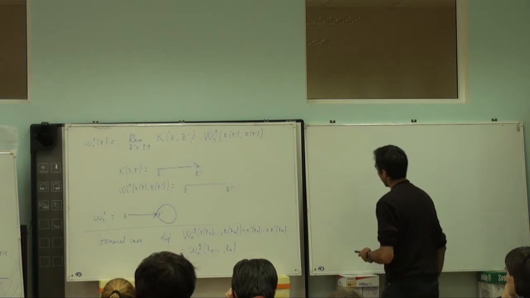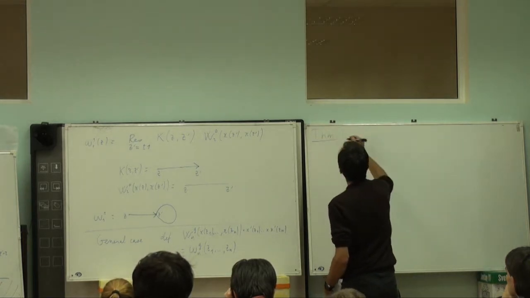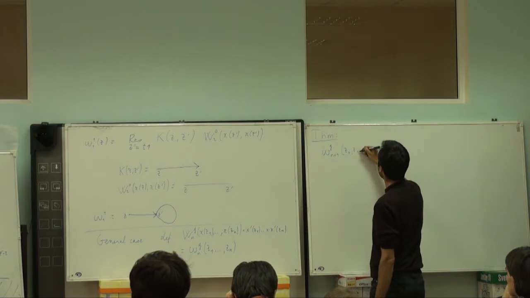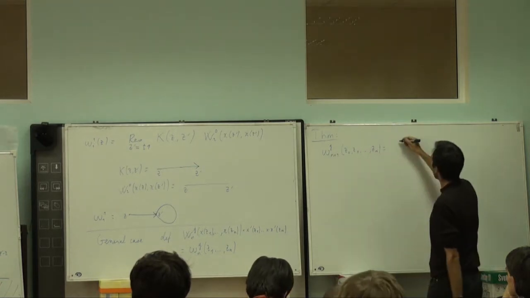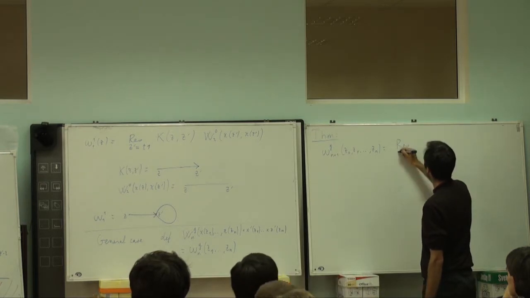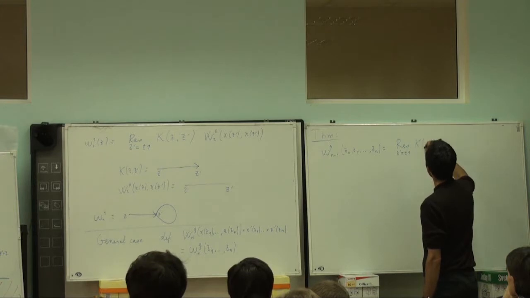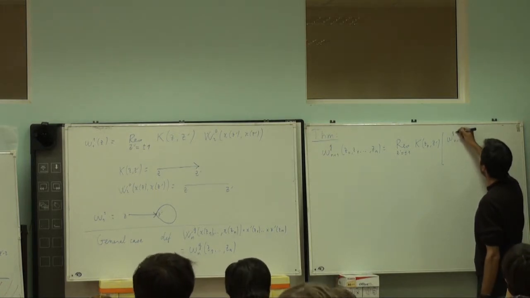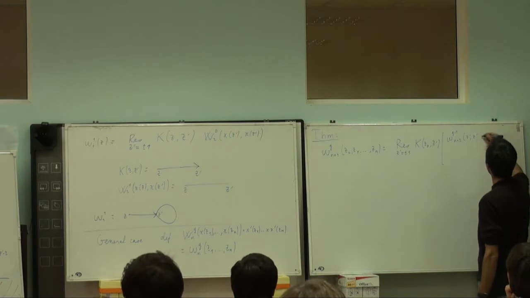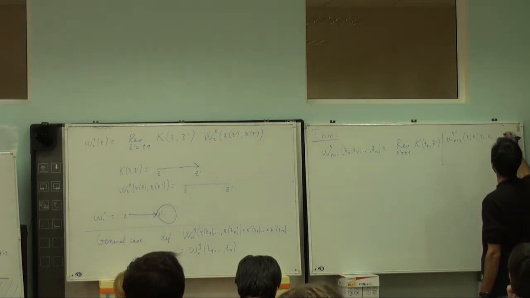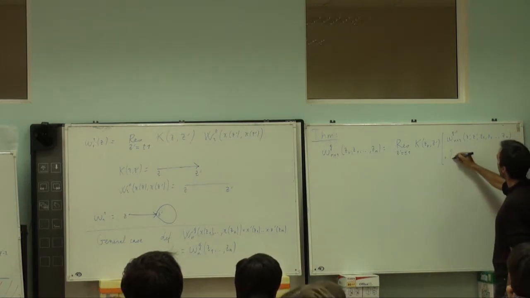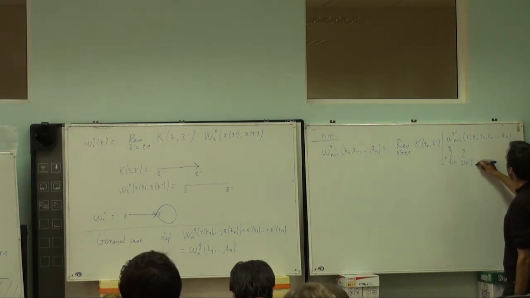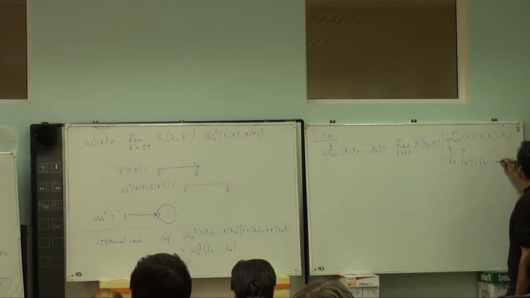And so the general theorem is that omega n plus 1 g of z 0, z1, ..., zn equals the residue at the variable z prime equals plus or minus 1, k of z0, z prime times omega n plus 2 g minus 1 of z prime, z1, z2, and so on, zn, plus the sum from h equals 0 to g, sum over I, I bar equals the variables z1, ..., zn.